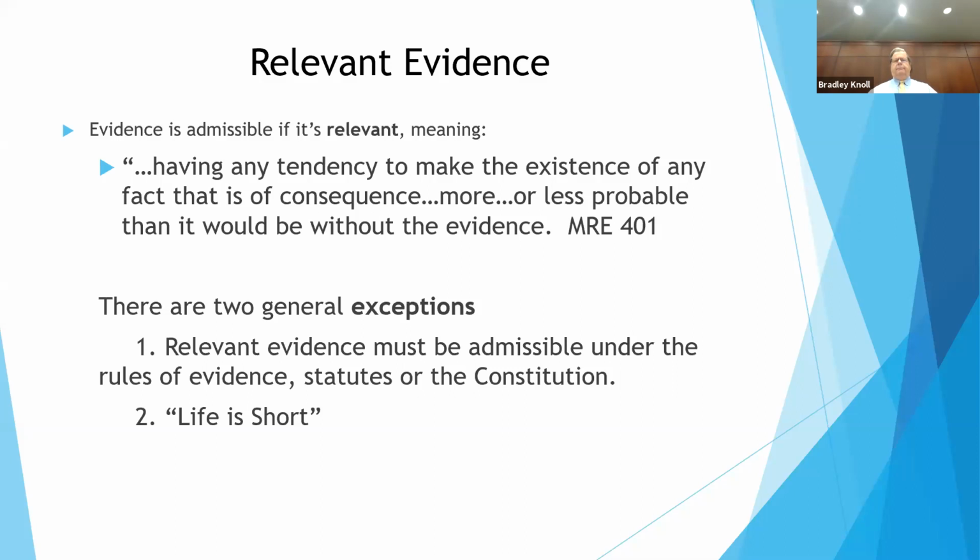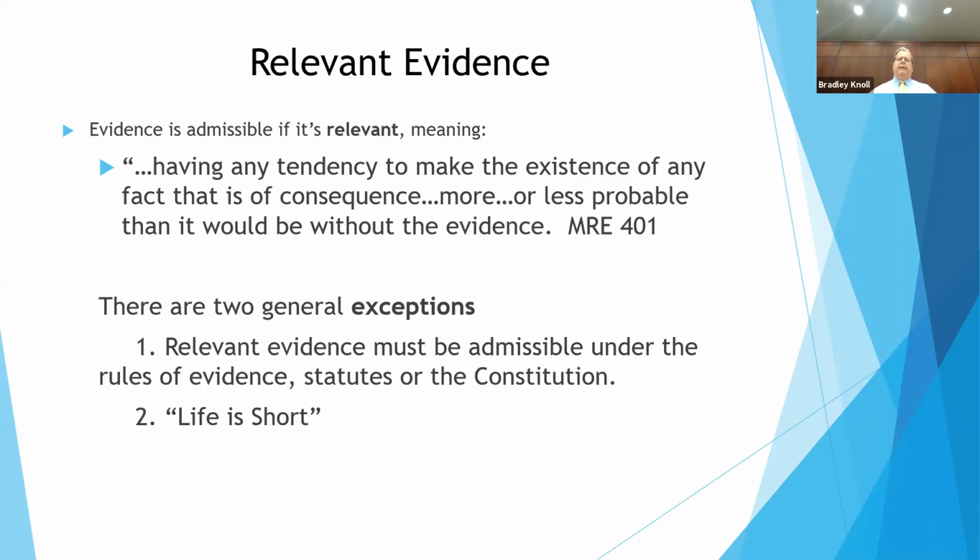Now, you start with relevant evidence, evidence that's probative, having a tendency to prove or not prove a relevant proposition. But then the relevant evidence goes through filters that the court must consider to determine whether this relevant evidence is going to be admissible evidence.